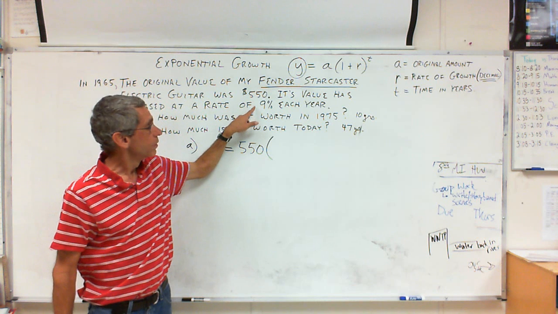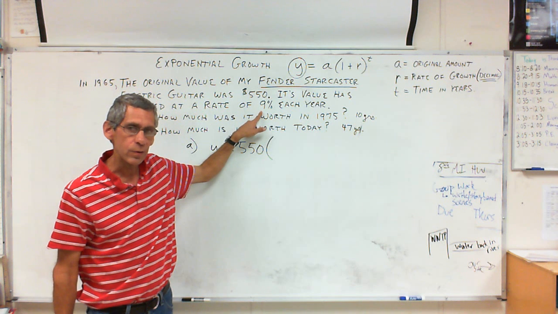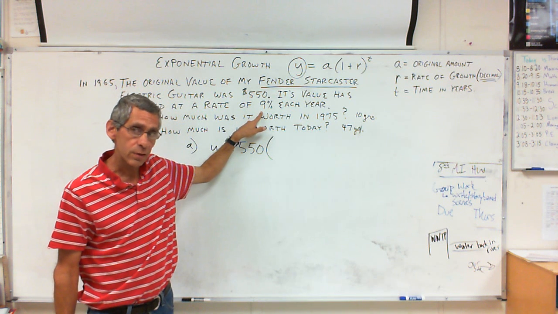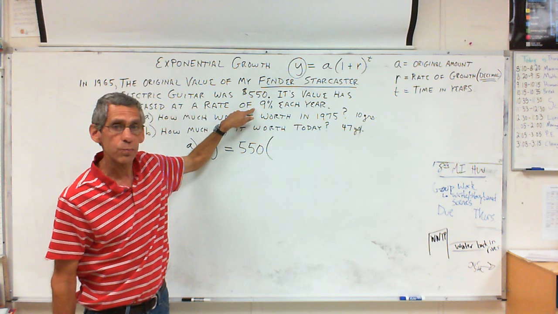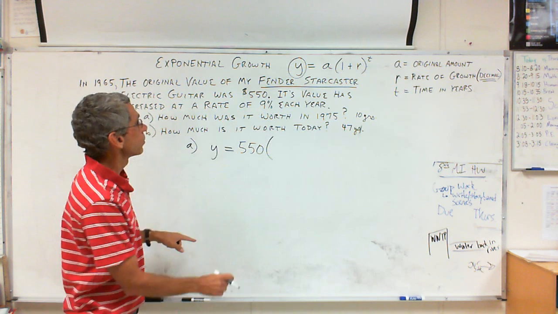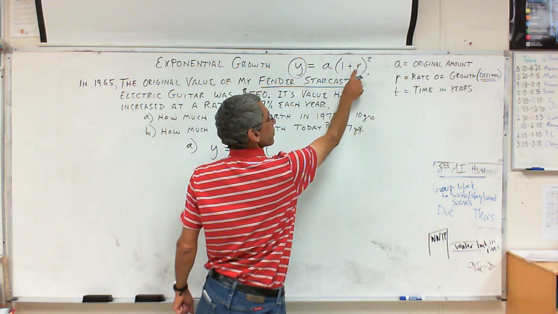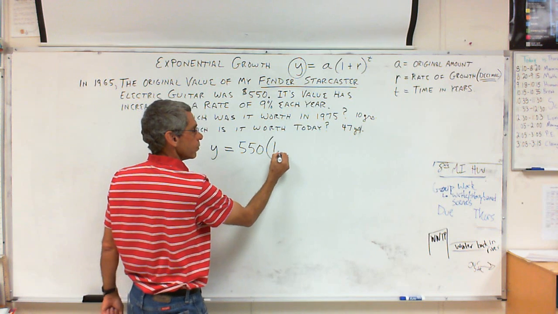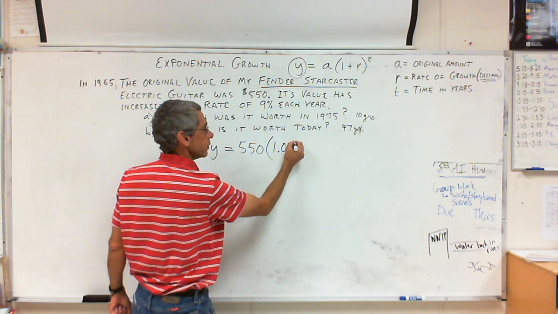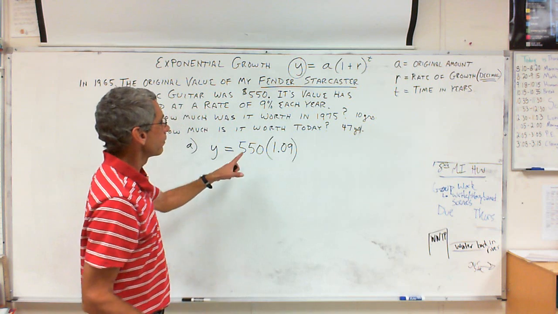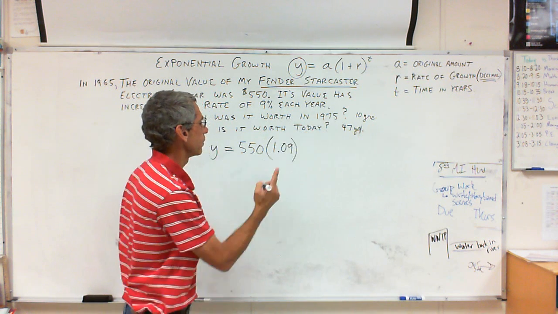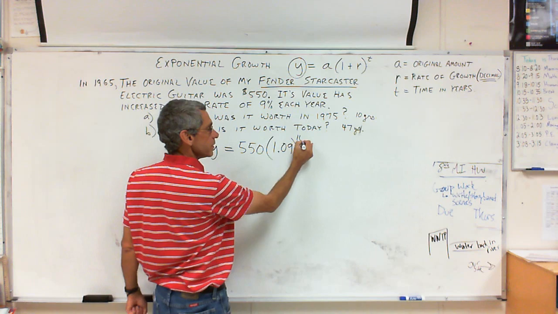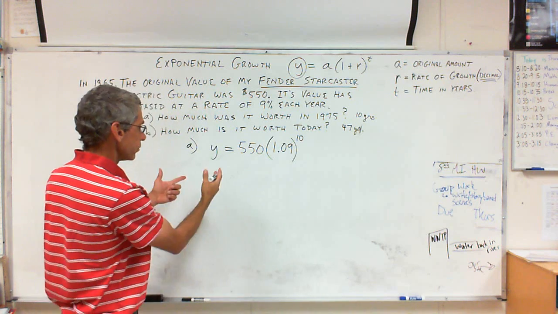If I express that as a decimal, that would be 0.09. I'd have to move the decimal over 2 places. So what is 1 plus 0.09? It's 1.09. And the number of years from 1965 to 1975 was 10 years. So my time is 10 years.